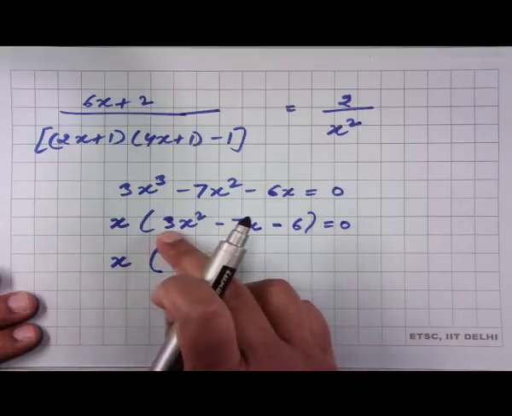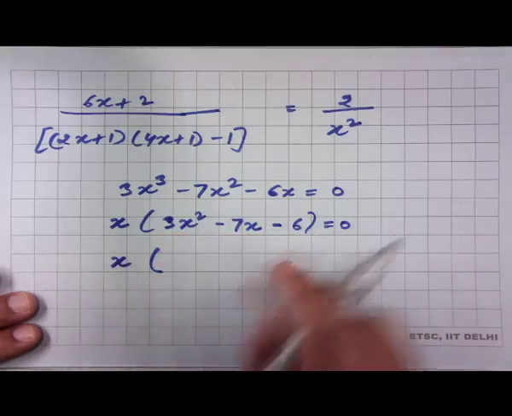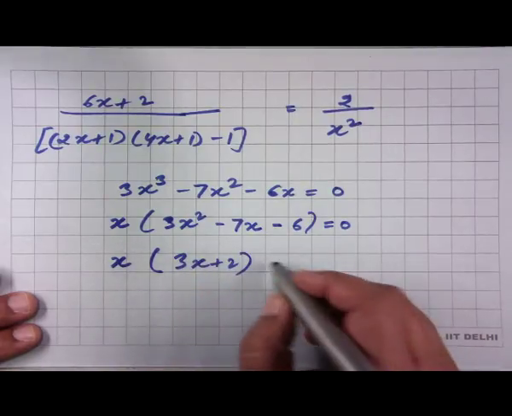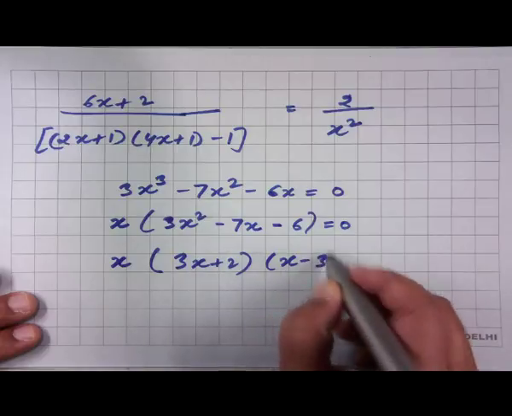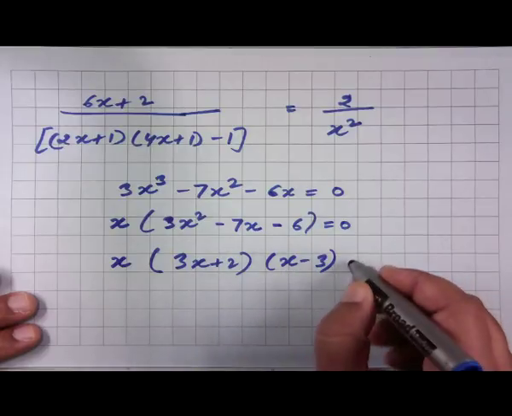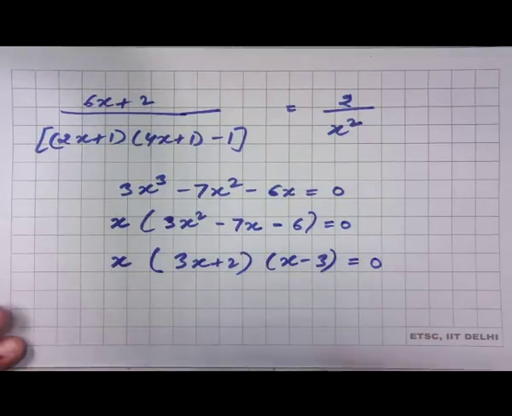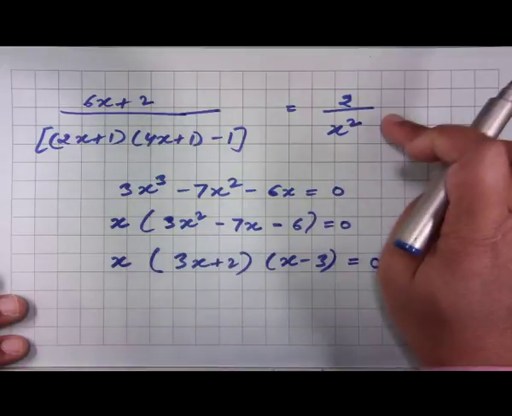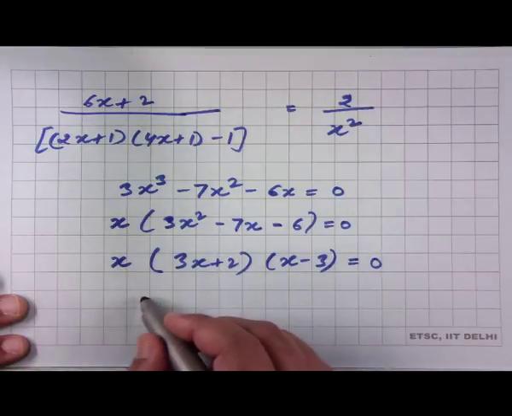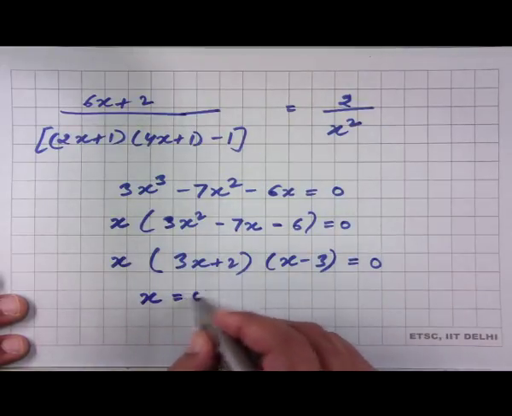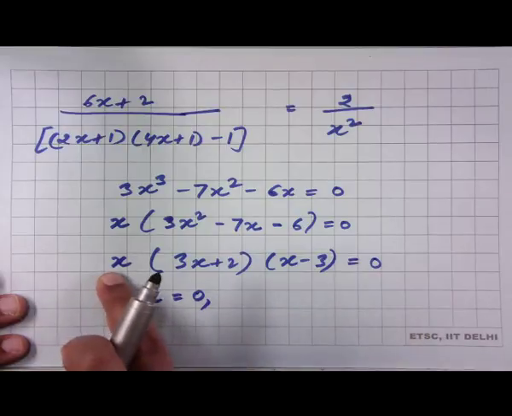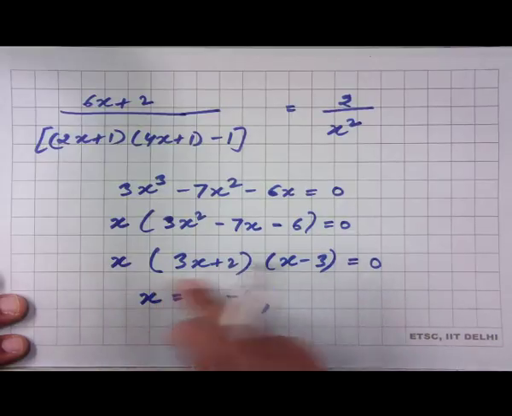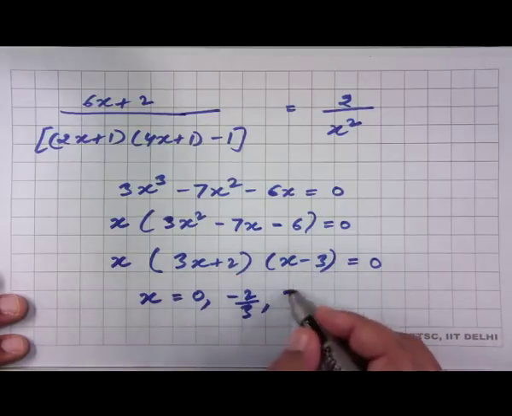We can write 3x square minus 7x minus 6 as 3x plus 2 times x minus 3. So from here it is clear that there are exactly 3 values of x which satisfy this equation, and the values are x equals 0 from here, x equals minus 2 by 3 because of this factor, and x equals 3 from this last factor.